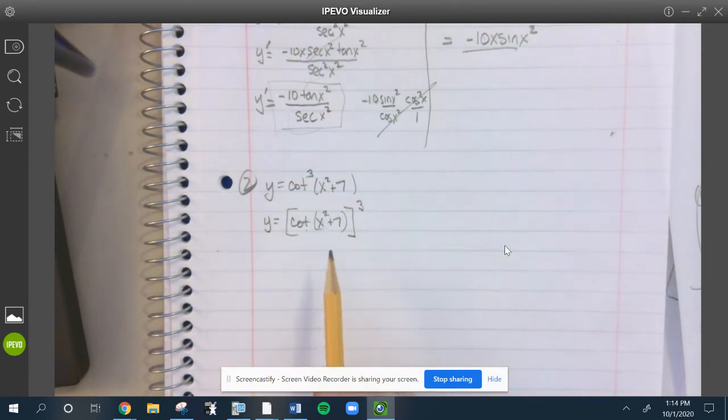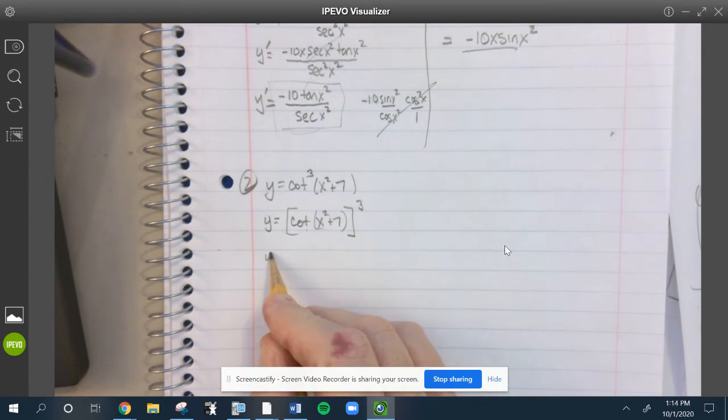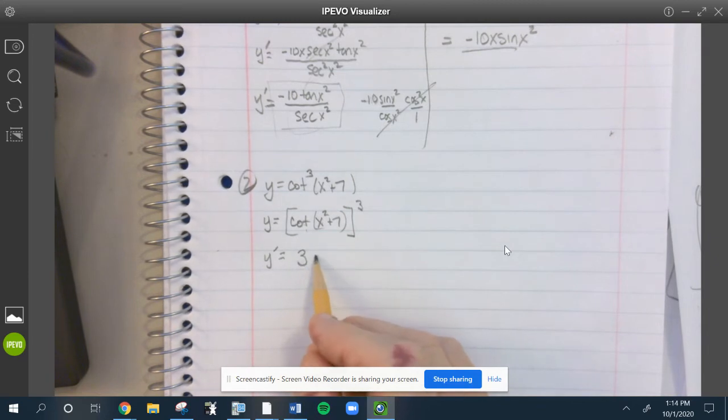So this is where I really love symbolic differentiation, because the problem people have with problems like this is they do too much at once. Symbolic differentiation helps that. So the derivative is the derivative of the outside. Leave the inside alone.